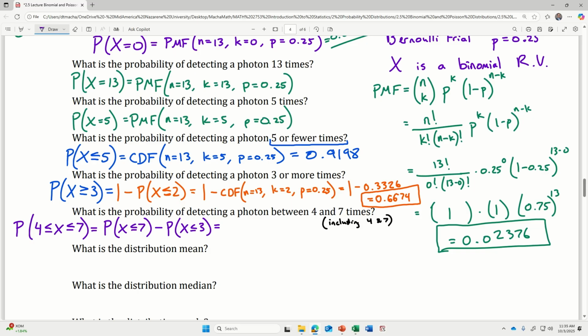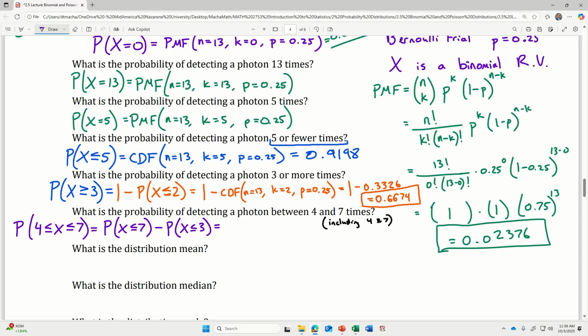You got to be able to recognize that the probability of getting x between 4 and 7 is the probability of x being less than or equal to 7 minus the probability that x is less than or equal to 3. Because less than or equal to 7 is all of the outcomes 0, 1, 2, 3, 4, 5, 6, 7. So we need to subtract away the outcomes 0, 1, 2, 3. And that way we're left with only the outcomes 4, 5, 6, 7. Does that make sense? Good.